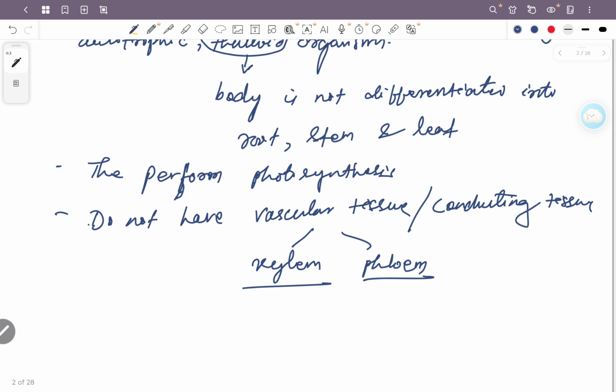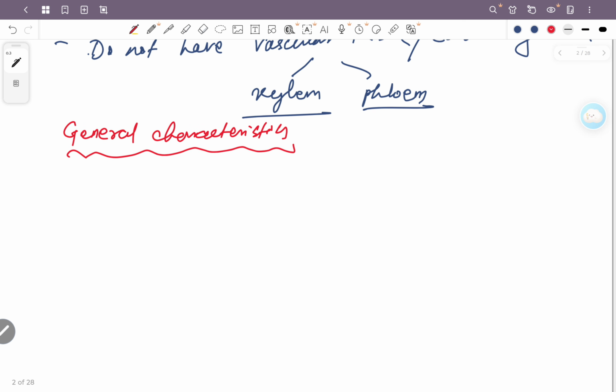Okay, now come to the general characteristics of the algae. So, body is thallus. Very simple points I am giving you.